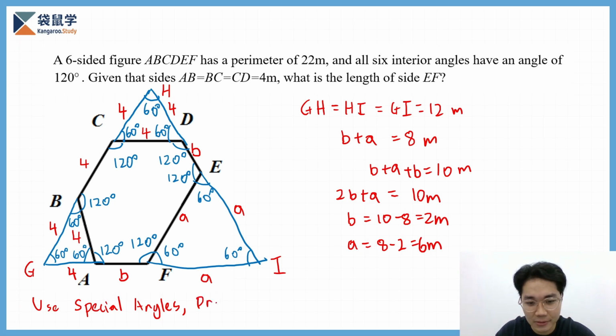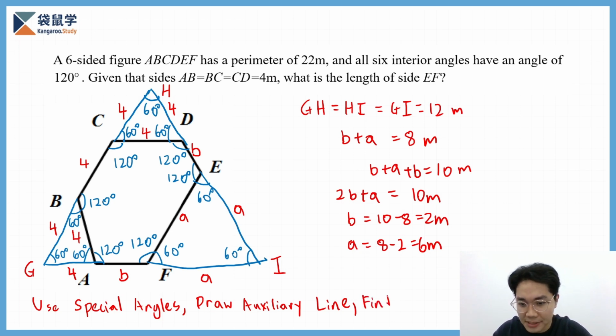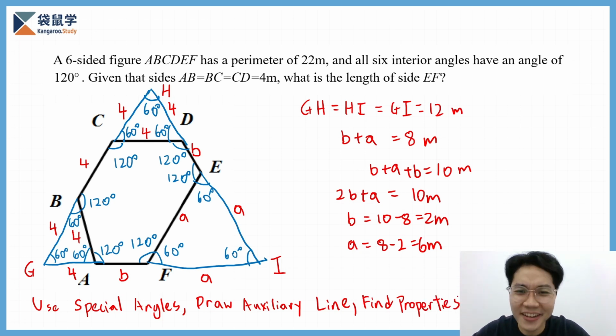Draw auxiliary line. And after we draw the line, we created a new shape, right? And this new shape is an equilateral triangle. So after we draw the line, we can find properties. Okay? And this is how we do this question.